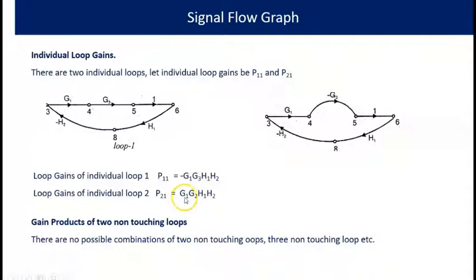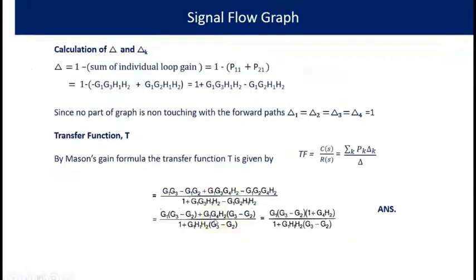Both are negatives, so G1, G2, H1, H2. So write that: delta is equal to 1 plus G1, G3, H1, H2 minus G1, G2, H1, H2. And no part of the graph is non-touching with the forward paths. Therefore, delta 1 is equal to delta 2 is equal to delta 3 is equal to delta 4, equal to 1. Therefore, the transfer function is all the forward paths divided by delta. So this is the answer. Thank you.